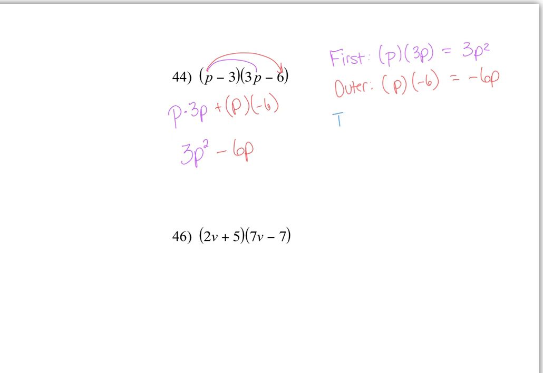So my inner terms, those are going to be negative 3 times 3p. Negative 3 times 3p helps to write it correctly, 9p.